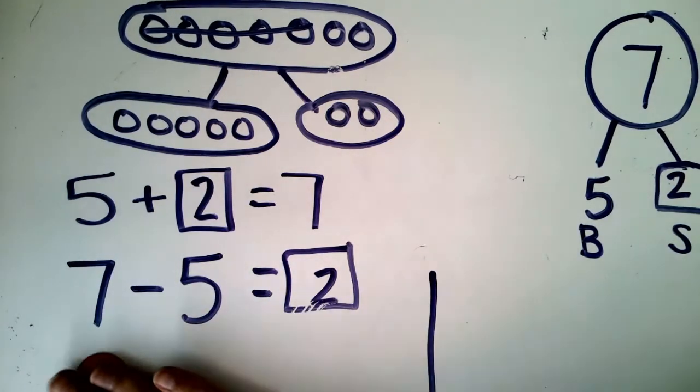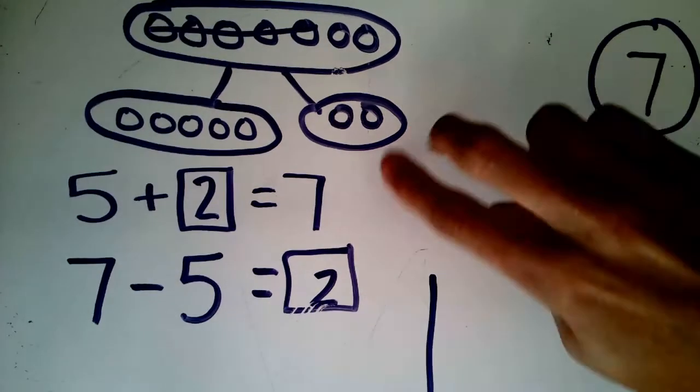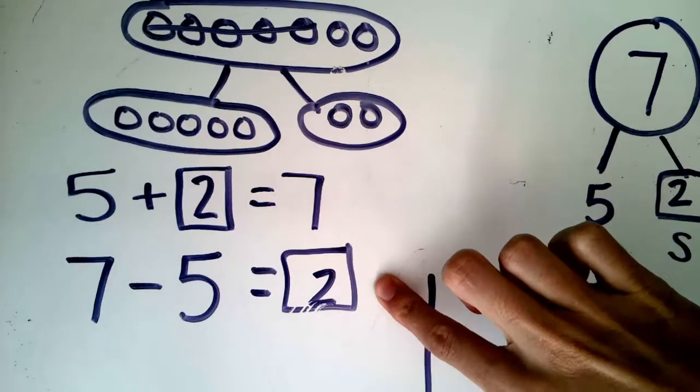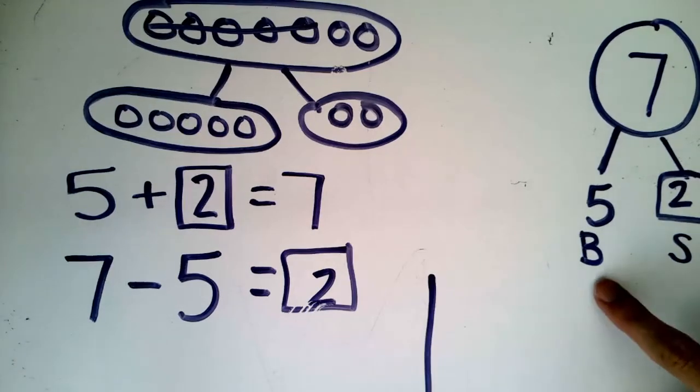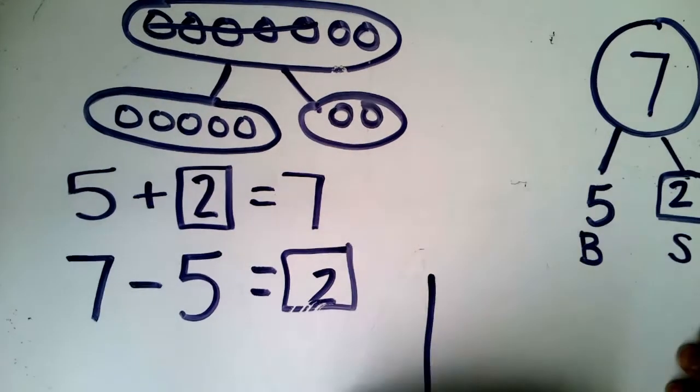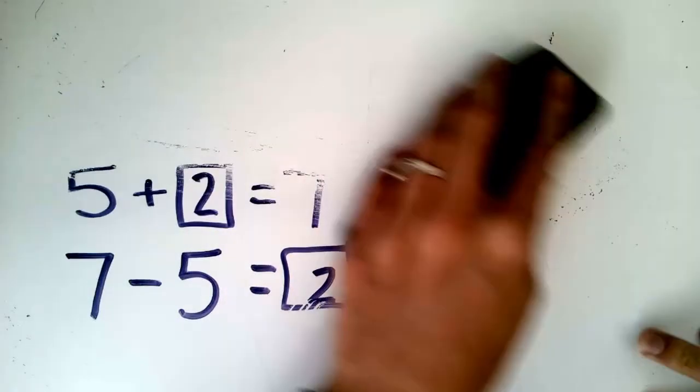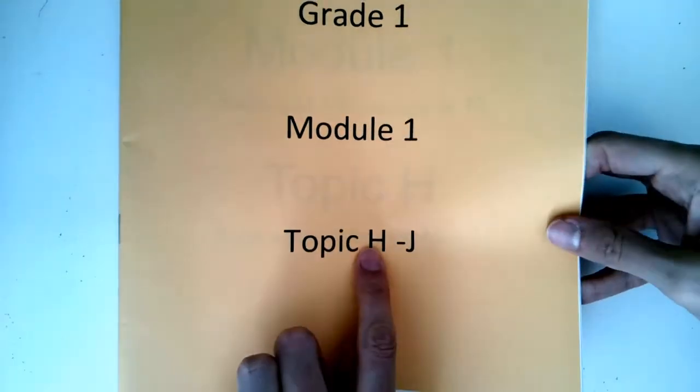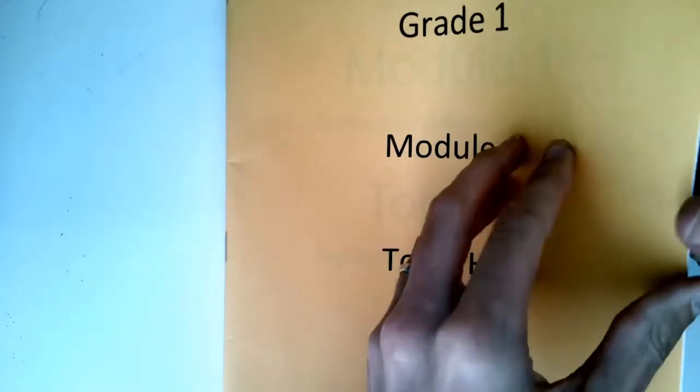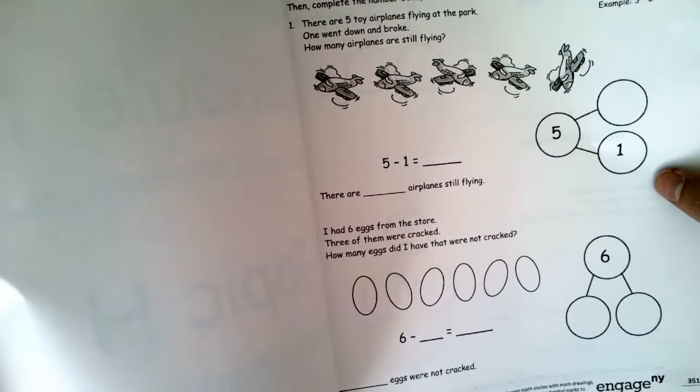We're going to be using these picture number bonds, both the adding and subtracting number sentences, and labeling the number bonds. It's a lot to keep track of today, first graders, but you can do it. So I told you to grab that Topic H book, and you're not going to go to the first page. We're actually going to skip some pages. So the first page has some airplanes on it.